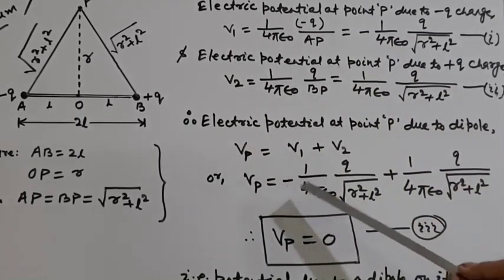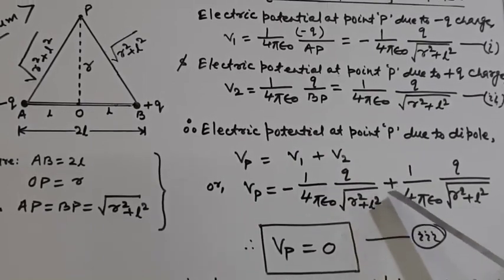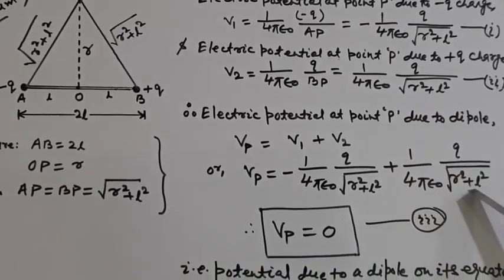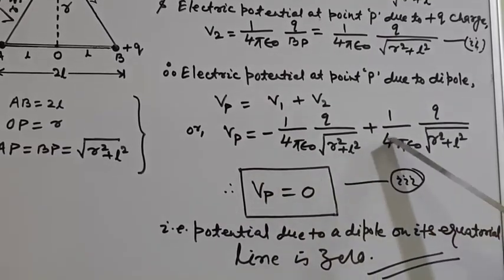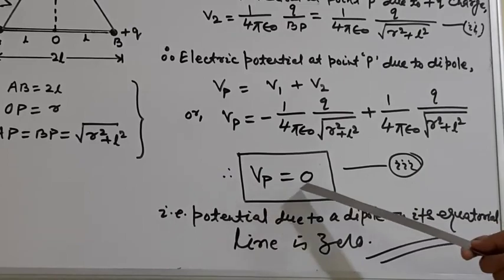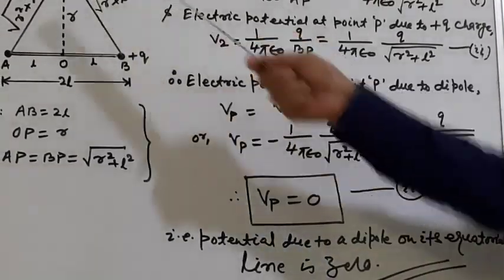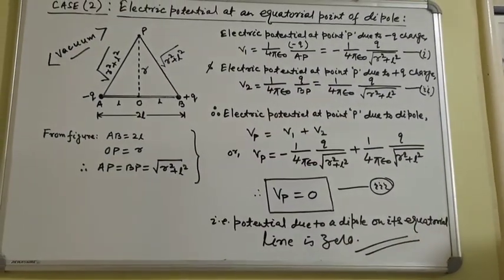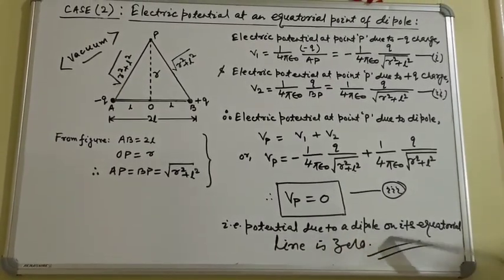So V1 is minus 1 by 4 pi epsilon naught Q by under root R square plus L square, and plus V2 is 1 by 4 pi epsilon naught Q by under root R square plus L square. Both the values are the same, one is positive, the other is negative. So they will cancel out and the total potential Vp is equal to 0. So that's why you can say the potential at point P due to the dipole will be 0. Here it is written: potential due to a dipole on its equatorial line is 0.